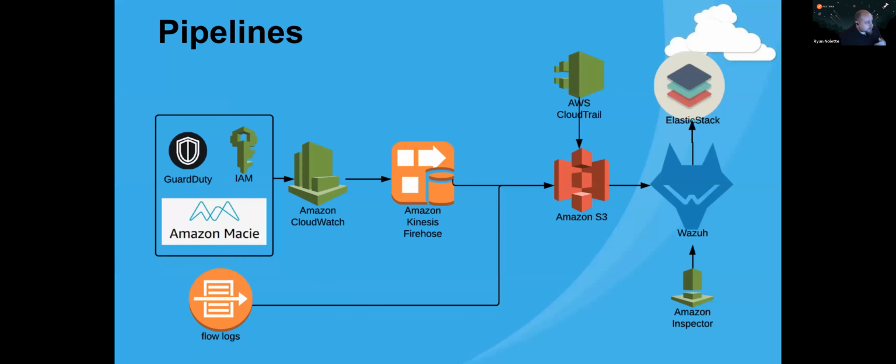Here's the logging. Like I said, we have IAM logging, which is through CloudTrail, Macie, GuardDuty, things like that. And this is roughly the topology of how things are getting gathered. For GuardDuty, IAM, and Macie, we're using a CloudWatch event rule.